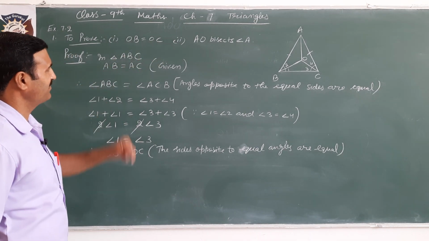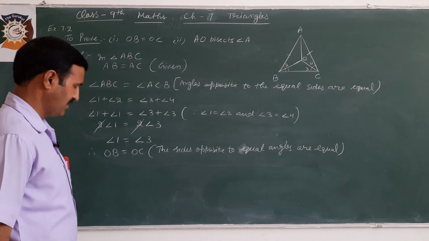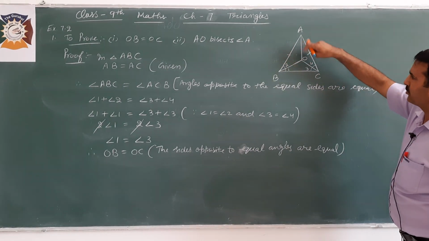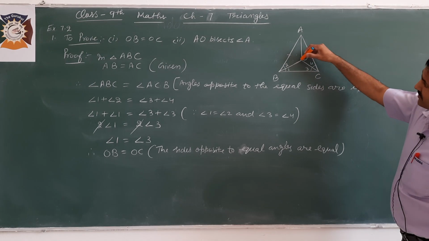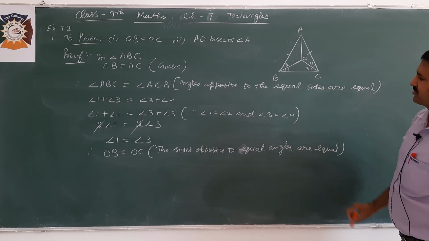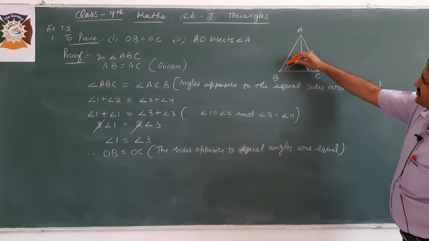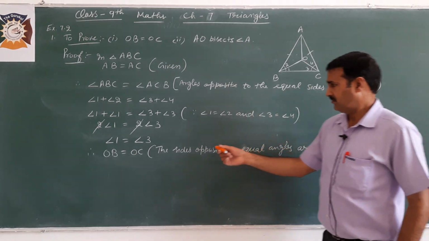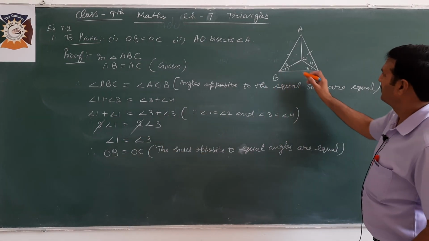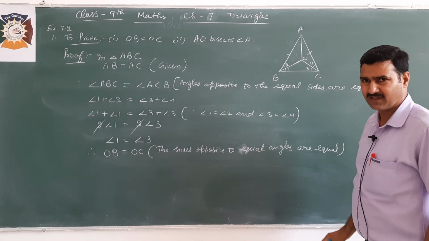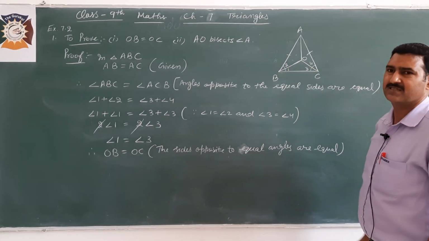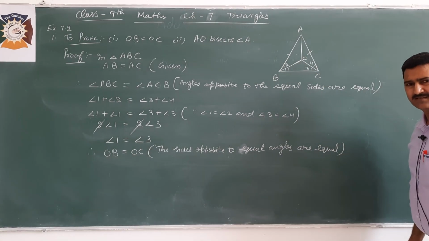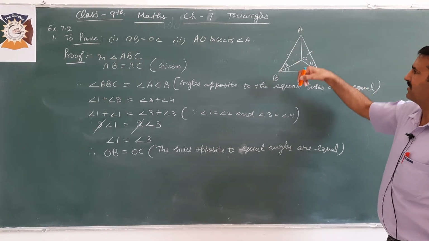Now for the second part, AO bisects angle A. Now look at this and this triangle, OAB and OAC. We have already proved OB is equal to OC in the first part. This angle is equal to this, as 1 and 3 are equal, 2 and 4 are also equal because these are bisectors of angle B and C, and AB is equal to AC, which is given.